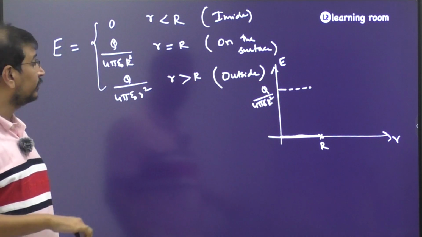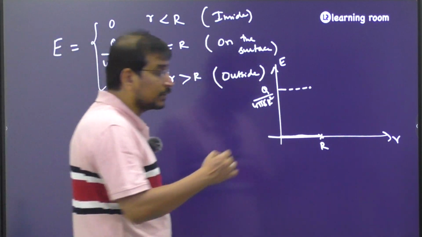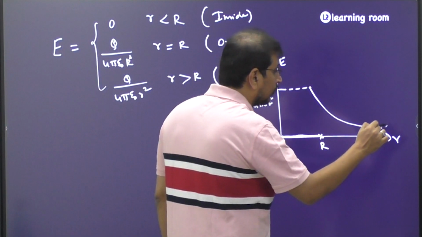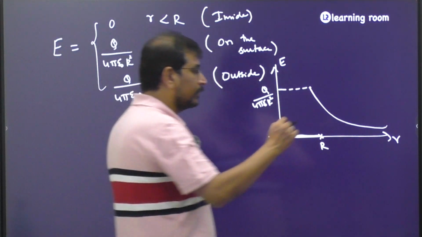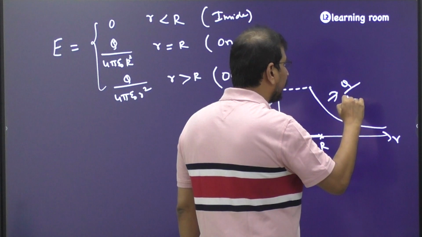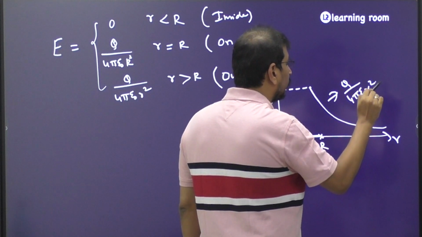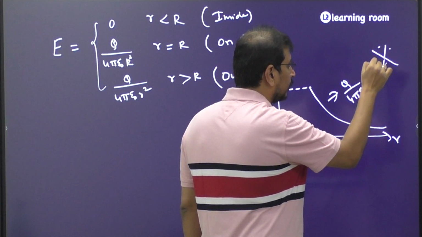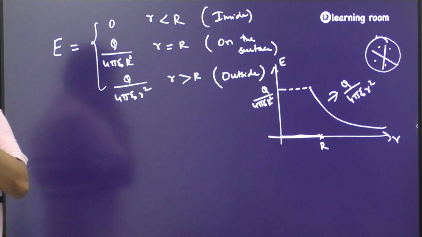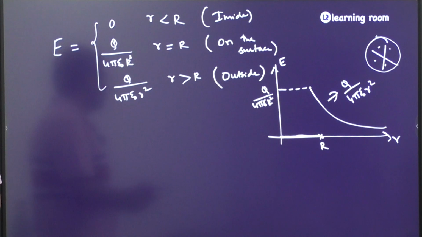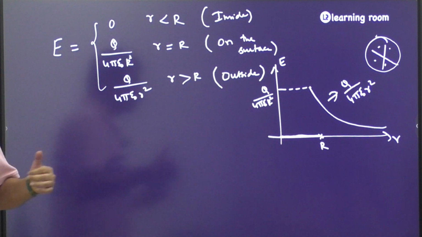After that, what will happen is it will decrease as a function of small r square. So this is the graph for Q divided by 4 pi epsilon naught small r square, and this is a very, very important graph. So I hope it is clear, right? So make a note of it.